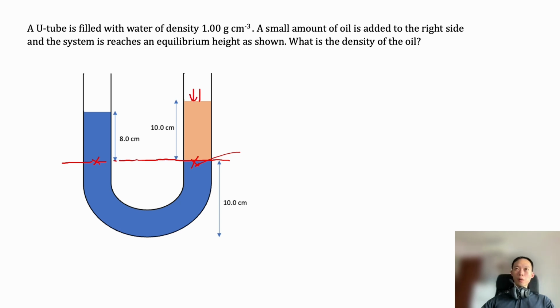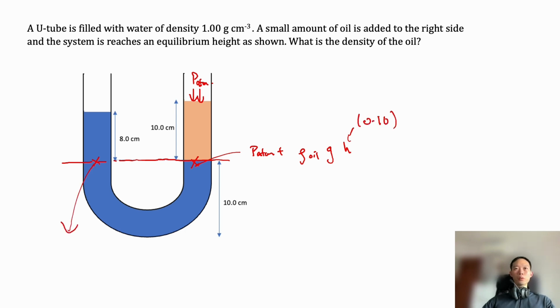From the top, and then we add the pressure as we drop. So the top pressure here is atmospheric pressure, and as we drop, we have to add the oil pressure. So the mini equation for pressure at this point would be atmospheric pressure plus rho, which is the density of oil, times G times H. H in this case, you can see, is 10 cm, 0.10 meters.